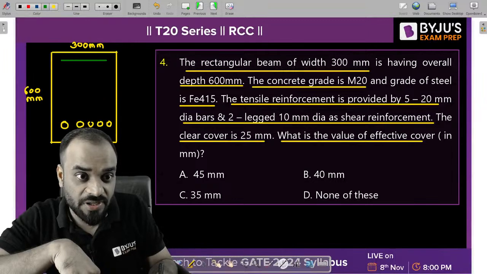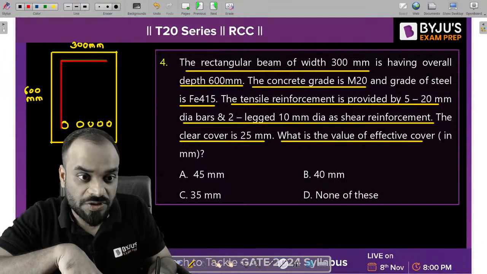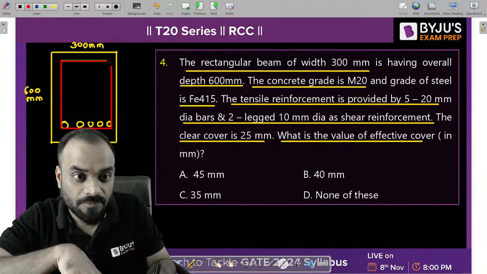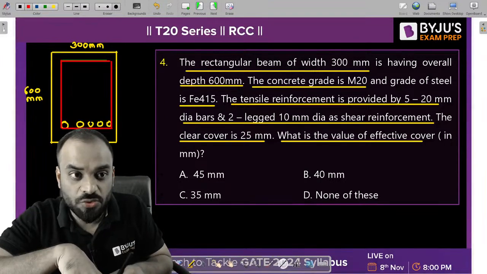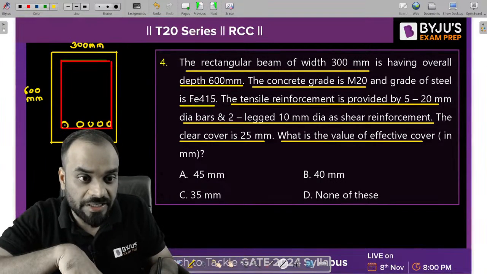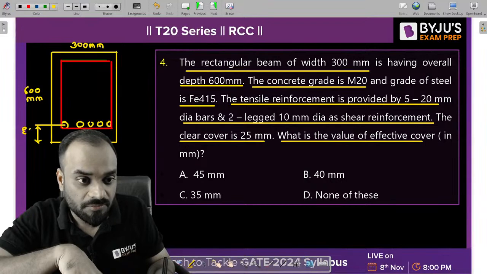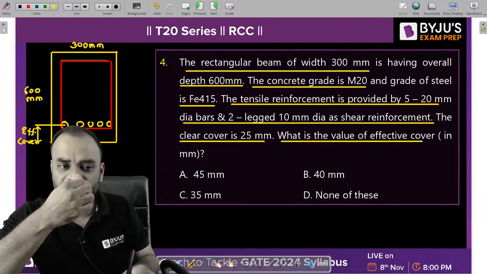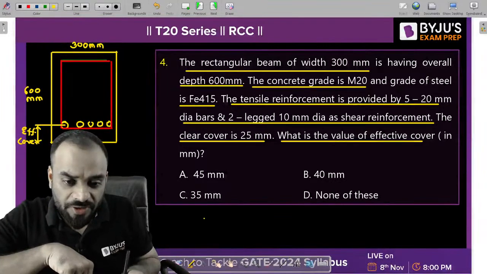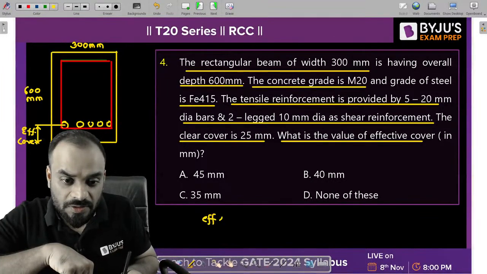As well as, guys, we will have some shear reinforcement in this particular case, which is to be like this. Clear? Now what we need to calculate, we need to find out the effective cover for the beam. What is the value of effective cover? Effective cover, very easy to calculate. So effective cover is equal to what?